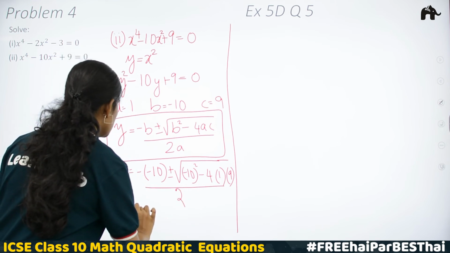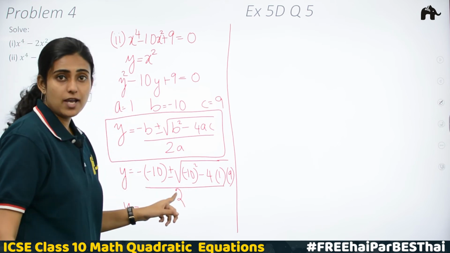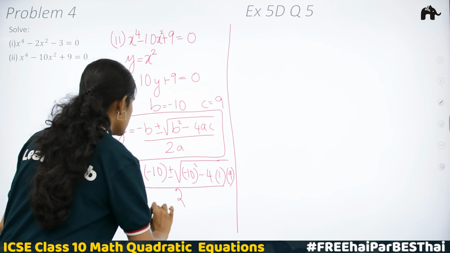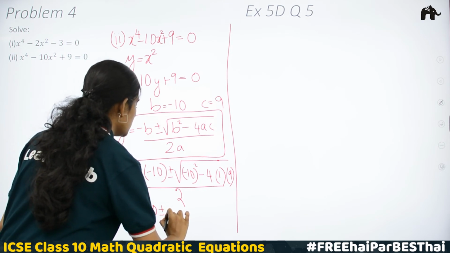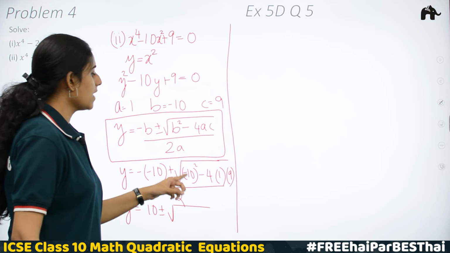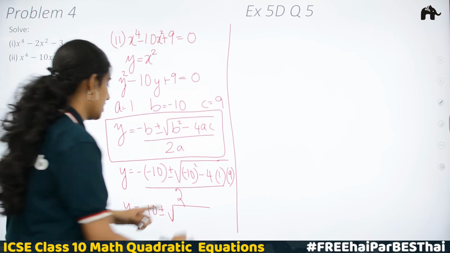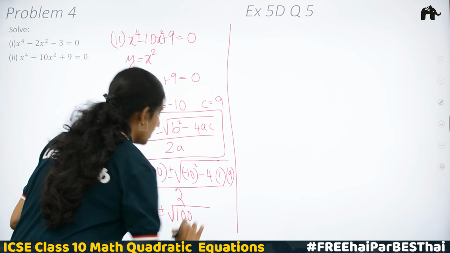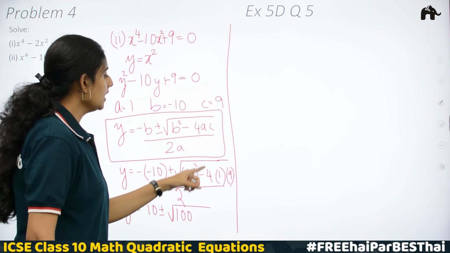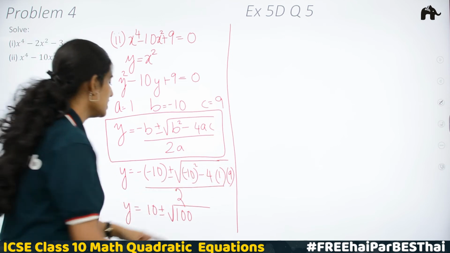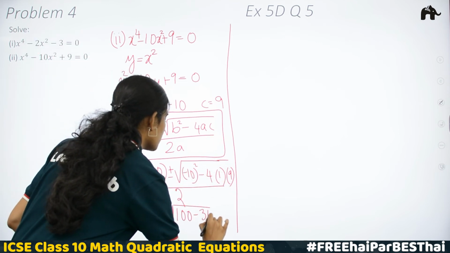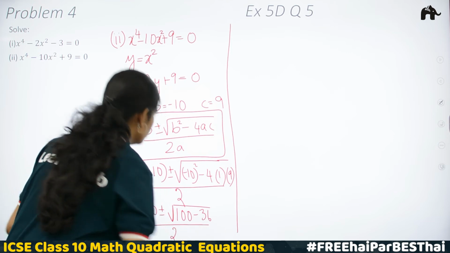Which means y is equal to minus of minus 10, that is plus 10, plus or minus root of, what is minus 10 square? 100, positive 100. 100 minus 4 into 9, that is minus 36, divided by 2.